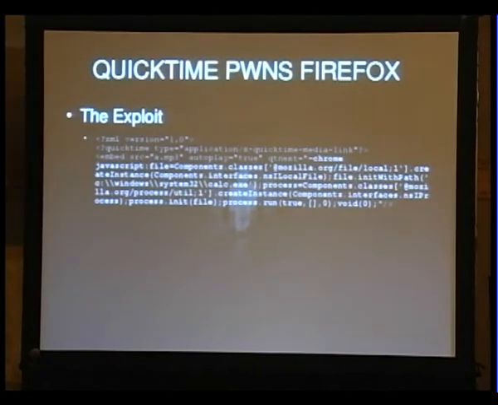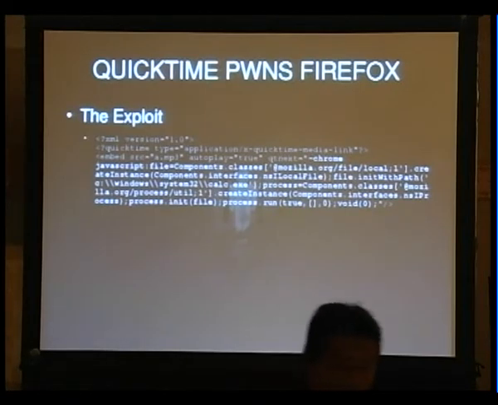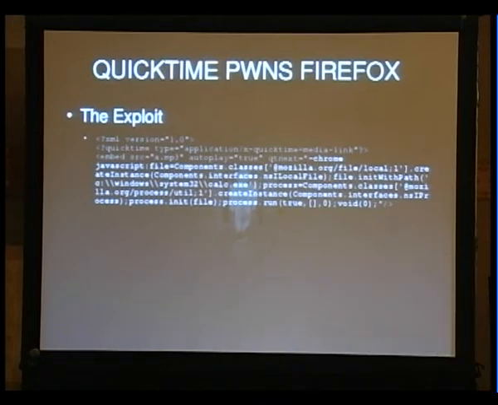In this case, just by simply tampering with the QTNext parameter, it's possible to run commands within what they call the Firefox Chrome. Chrome in the world of Firefox is like the local zone in Internet Explorer. It's basically code being run with full access on your system.